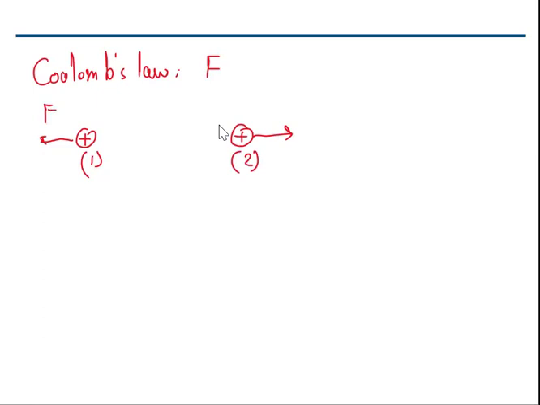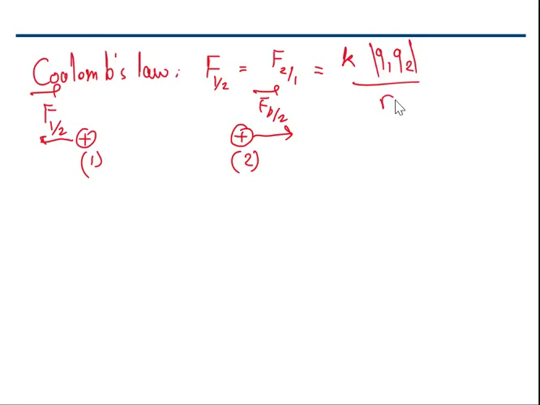So this is the force exerted by 2 on 1, and this is the force exerted by 1 on 2. The magnitude of the force exerted by 2 on 1 is equal to the magnitude of the force exerted by 1 on 2. According to Coulomb's law, it's equal to K, Q1, Q2 divided by R squared.